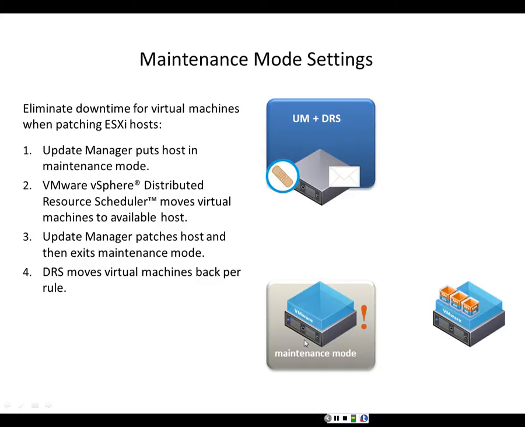Then the Update Manager applies the patches to the ESXi host, and this little picture of a Band-Aid is supposed to be the patches which are being applied to the ESXi host. And after the ESXi host has been updated, then the virtual machines are migrated back to that ESXi host, and then we can apply the process to the next ESXi host.